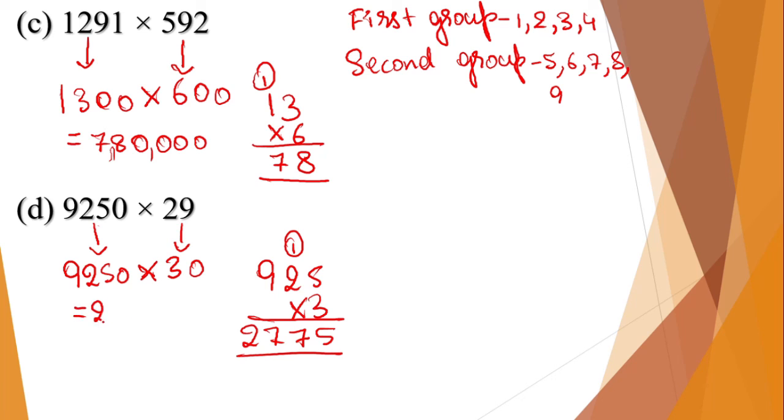So we will get our answer as 2,775. Now we have ignored 2 zeros, right? Now we will add them. So we will get our estimated product as 2,77,500.